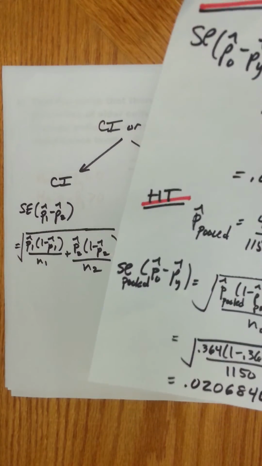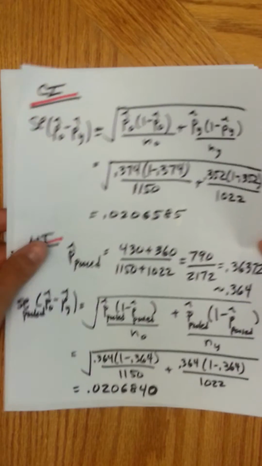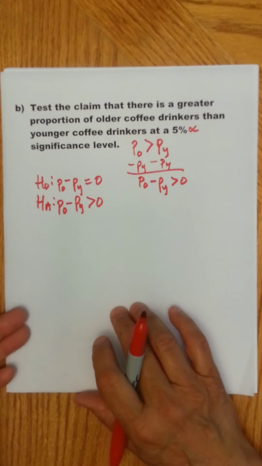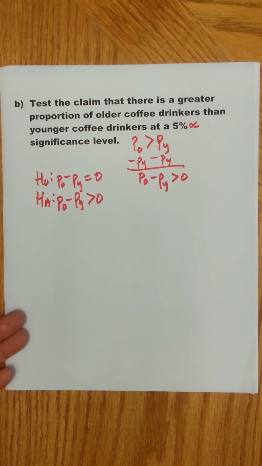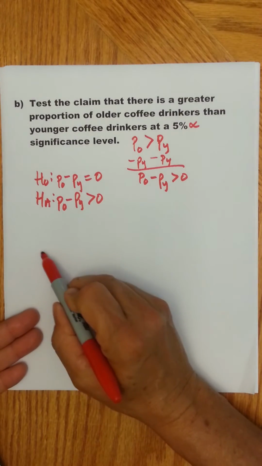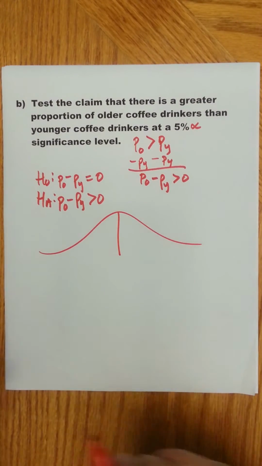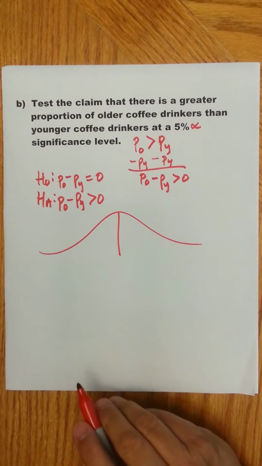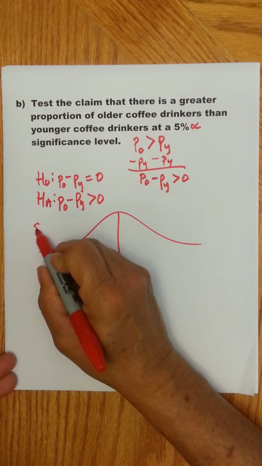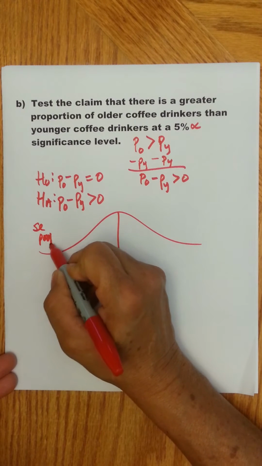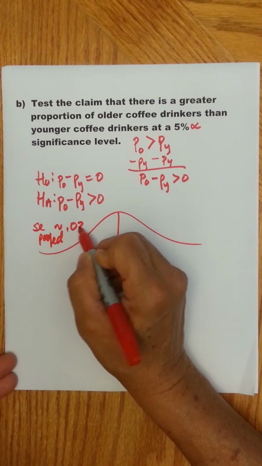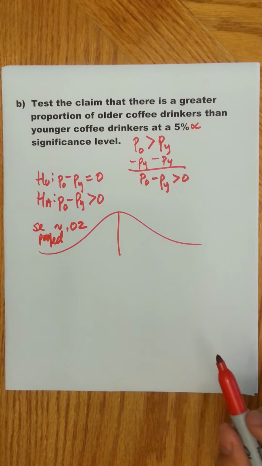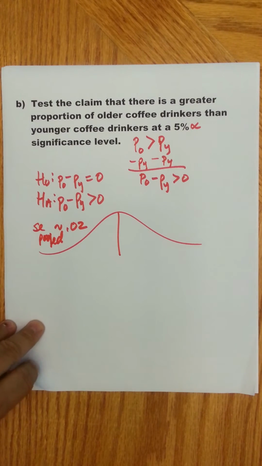Now, even though technically there's a very long number, I'm going to round to 0.02 just so I can see what's going on. So I'm going to say standard error pooled is approximately 0.02, and that's a real approximation. We're going to use that really long number for the z-score.